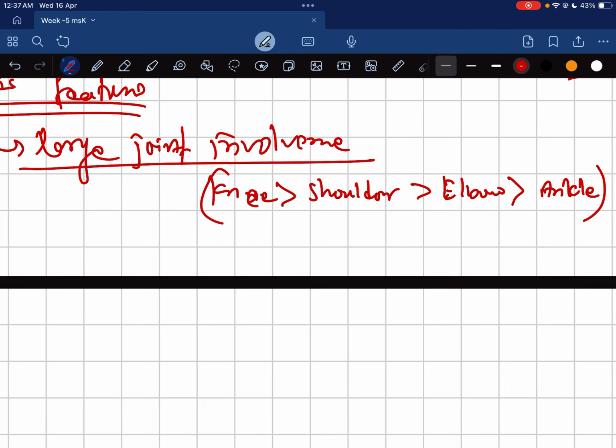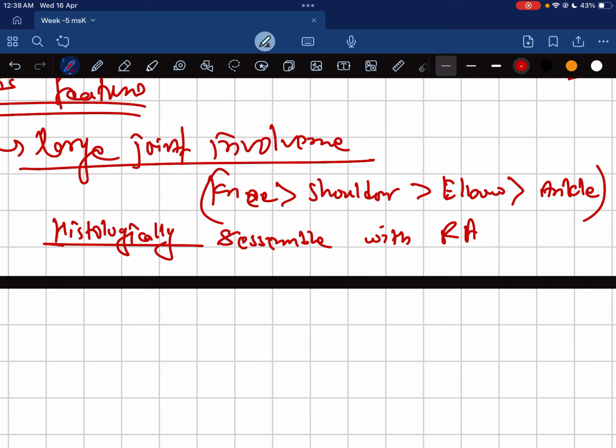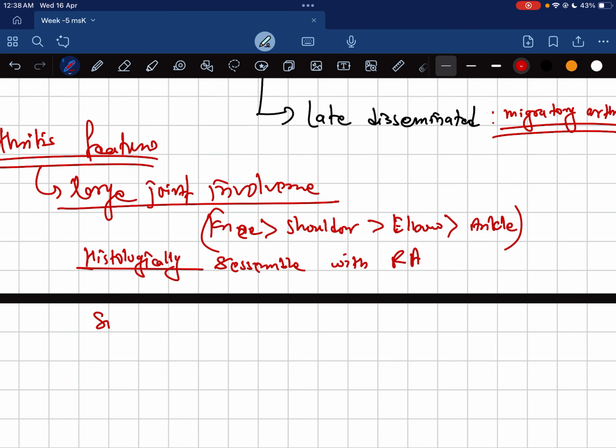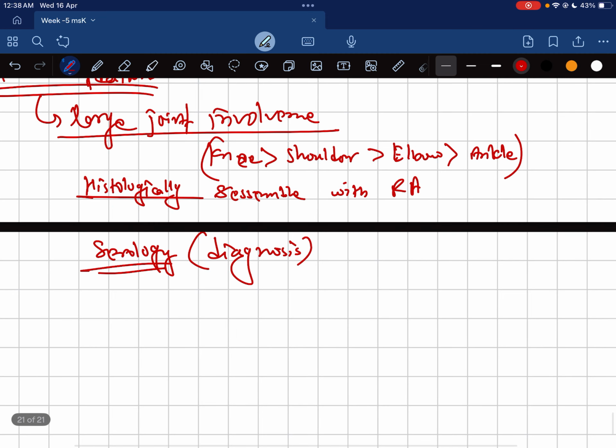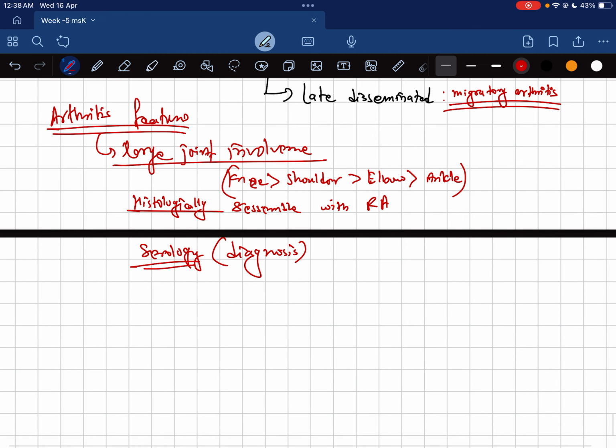Histologically, it resembles rheumatoid arthritis, and for diagnosis we confirm with serology.